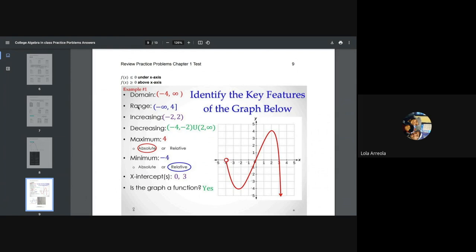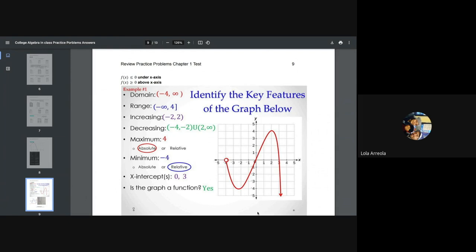Now the range, I look low to high. So now I scan the graph from lowest point to the highest point. Again, I have an arrow. So this graph does not end at -5. I have an arrow. That's not a point. That arrow is going towards infinity. What infinity? Negative infinity, because range goes -infinity to infinity.